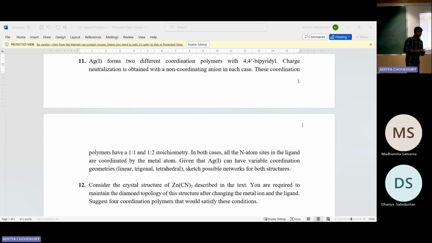In the 1:1 case, yes sir, in the case of a 1:1 ratio, only linear shape. Let's put this one as a stick.